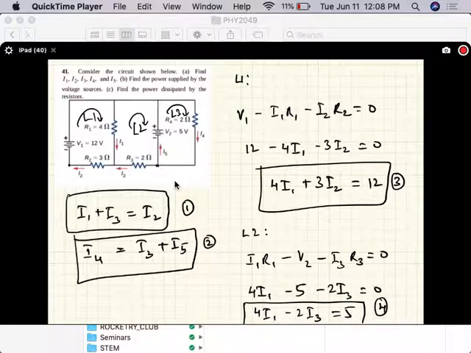What we need to do is find the current coming through V2. The power supplied by V2 is V2 times I, and the current flowing through V2 is I5. The current flowing through this thing is I2. So tell you what, I'll grab this guy.